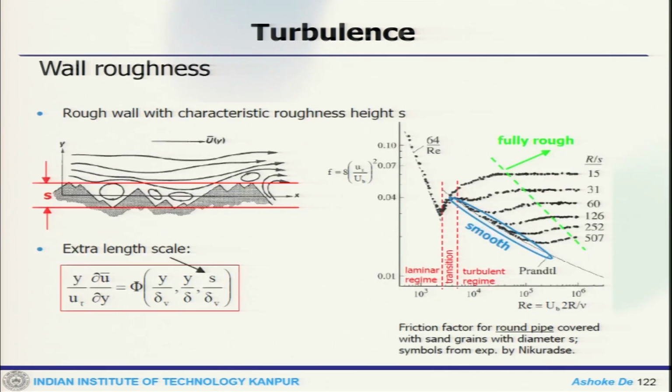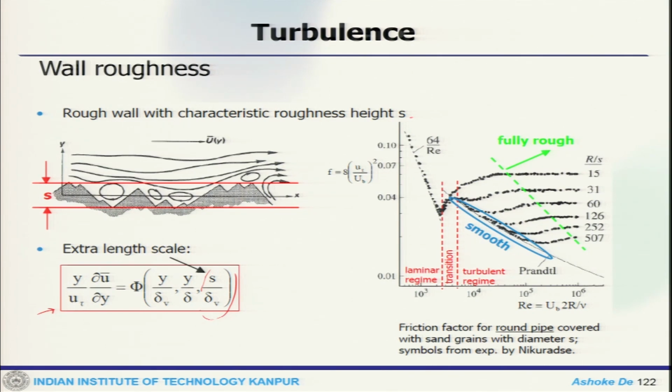Now, if you look at the wall roughness, what happens in the boundary layer? If there is a roughness with characteristic height s, then when you scale the velocity profile or velocity gradient, there would be another extra length scale that comes into the picture.